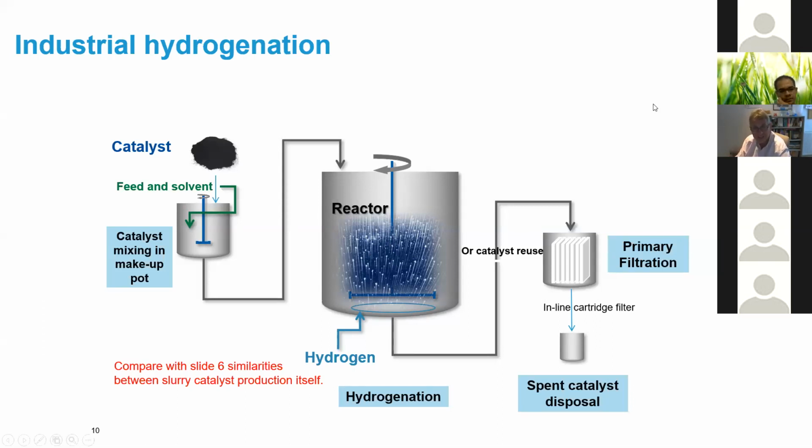So once the catalyst has done its job and you've finished your reaction, you can filter off the catalyst, usually through a primary filter like this. Sometimes the catalyst is sent back and used again. In the pharmaceutical industry, not. Why not?